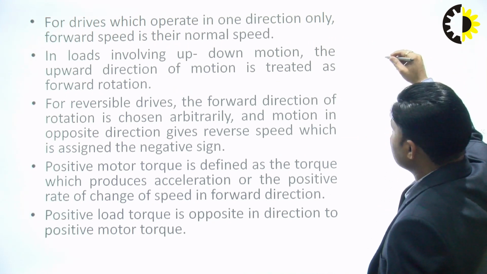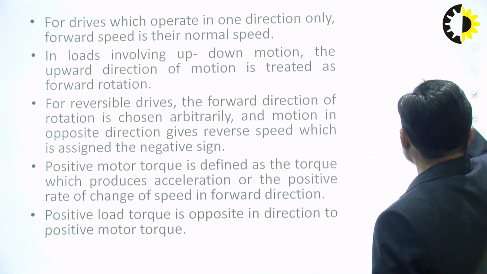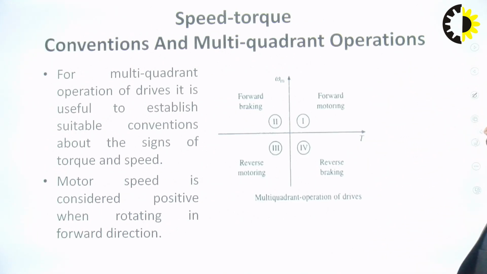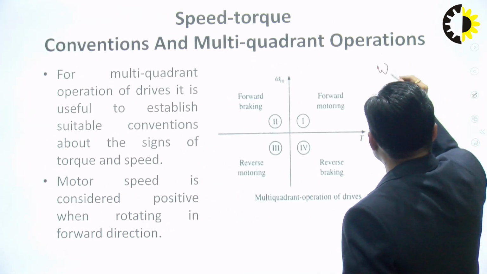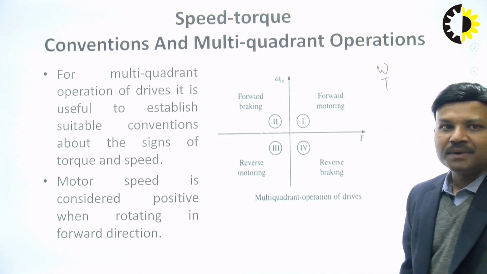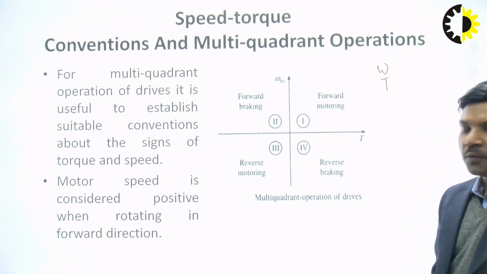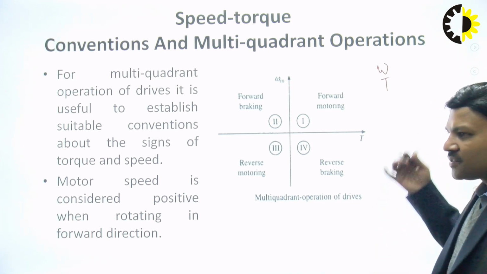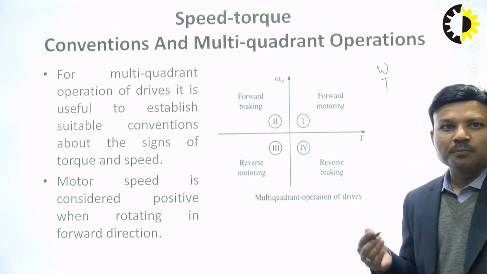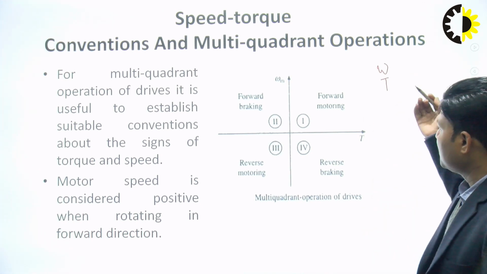So this is speed and torque. As we all know, power is the combination of speed and torque, and there we have to set the reference direction of the speed and torque, so that output power will depend upon the speed and the torque.